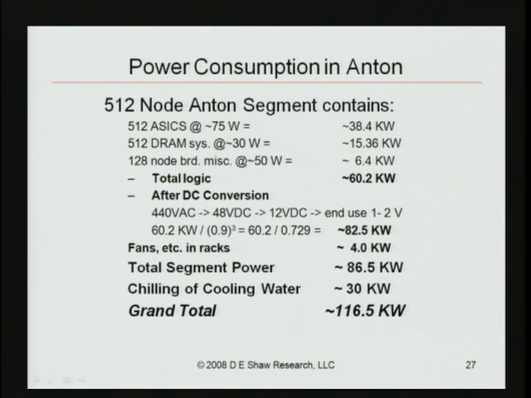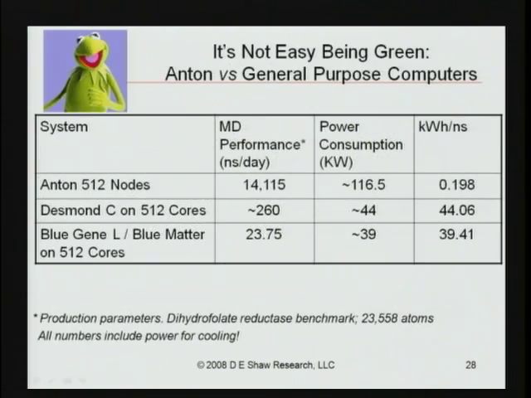A bit on power. So, as I said, we may be green, but we certainly do use a lot of power. A 512 node system, including its cooling, needs about 116 kilowatts of power. That doesn't sound so good. But here's a comparison of how much work we get done on that system. So we do about 0.2 kilowatt hours per nanosecond of simulated time.